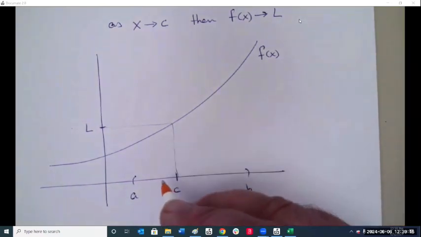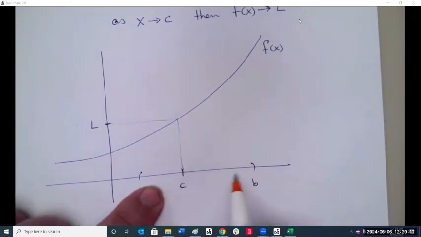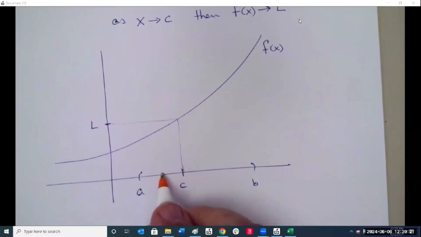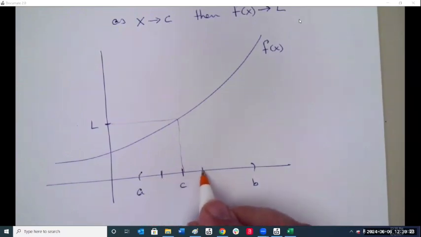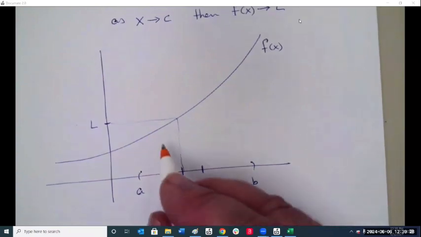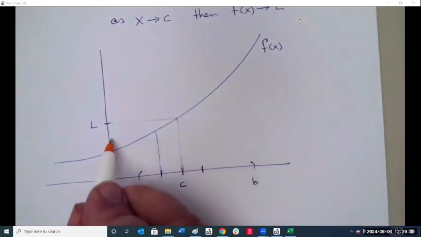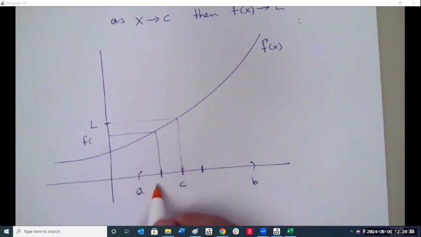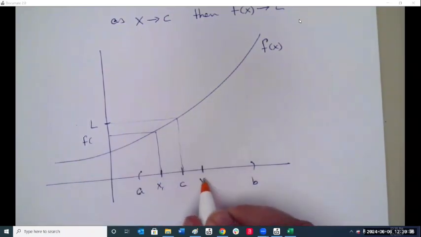What this says now is, as we pick values on both sides of C, these values correspond, let's call this x1 and this one x2.